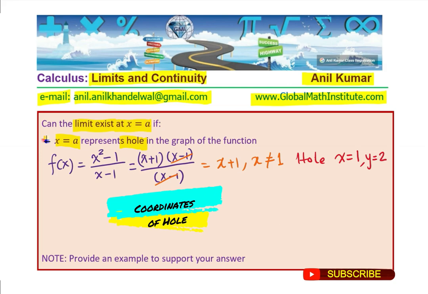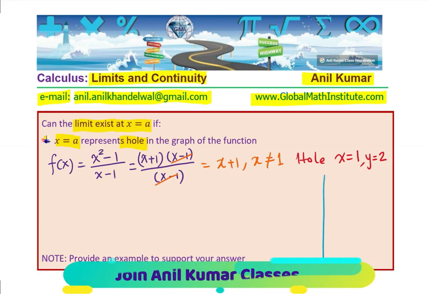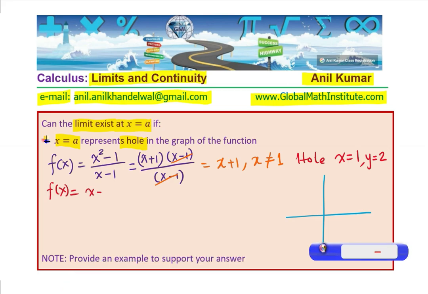Correct? If I have to sketch this function, how will it look like? We have a hole at (1, 2), and the function now is x plus 1. So let's rewrite the function here. We have a function f of x equals x plus 1, where x is not equal to 1, since we have a hole at (1, 2).